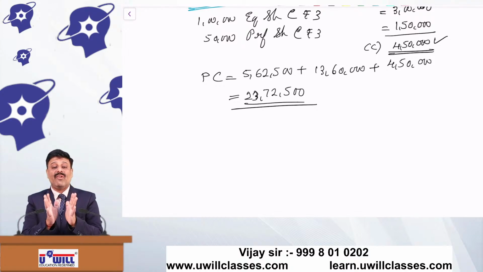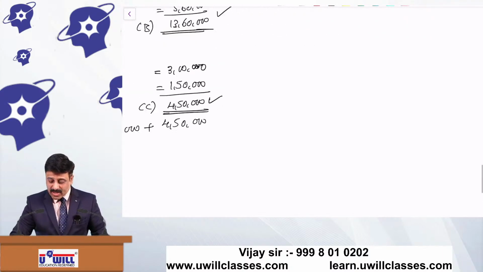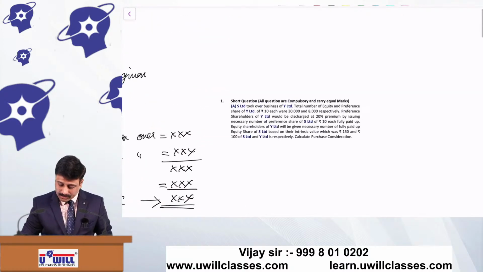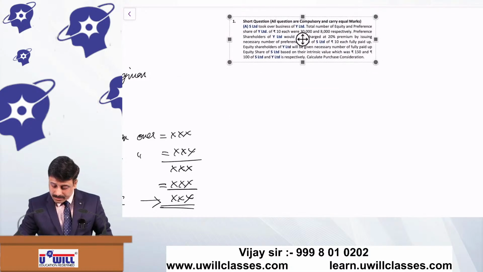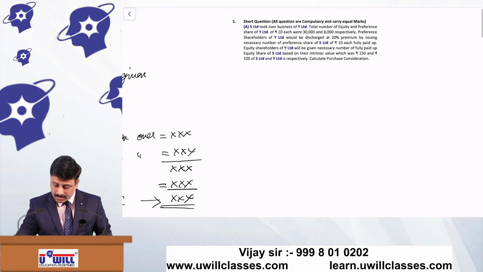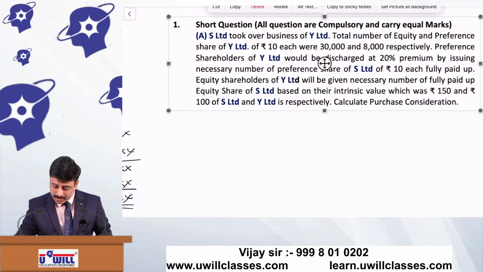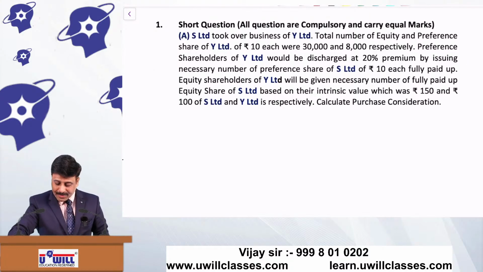So these types of questions can be asked for 2.5 marks. That was the net payment method. Now the intrinsic value method, the last type of question we'll take up in today's session. Let's take up this particular question.